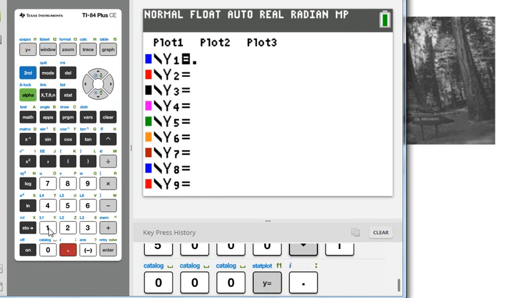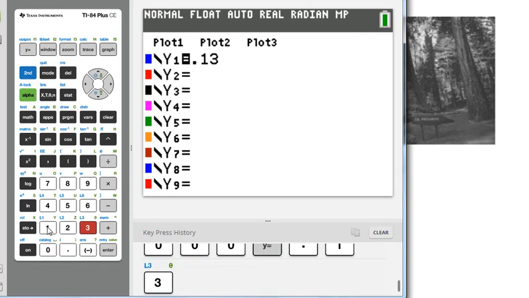And then over here, we're going to put our function. It's 0.131 h, but we're going to put x to the power of 3.